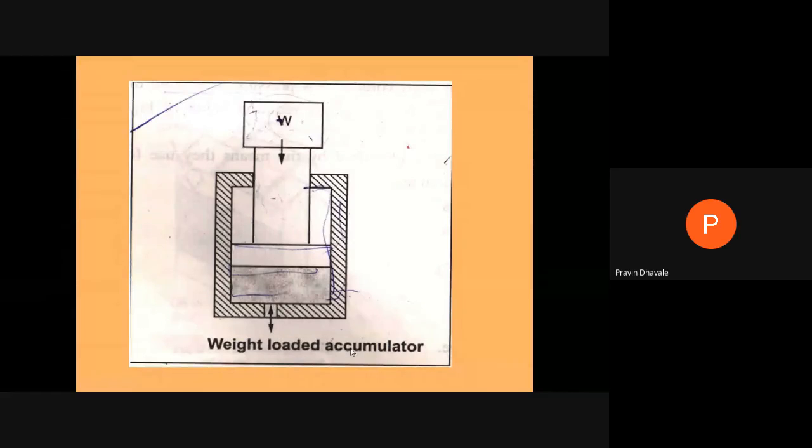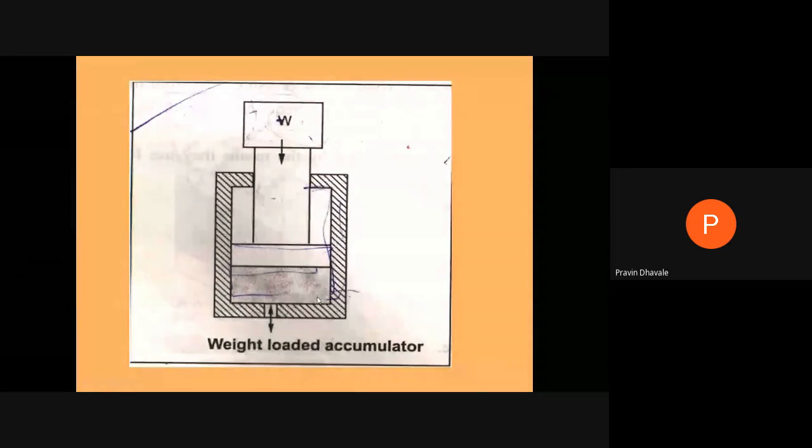Now what are its advantages? In the weight loaded accumulator, the pressure remains constant throughout the operation. Means when we are supplying that pressurized fluid to the actuator, at that time the pressure on this fluid within the accumulator will remain constant. It will not reduce as the piston moves from top to bottom.